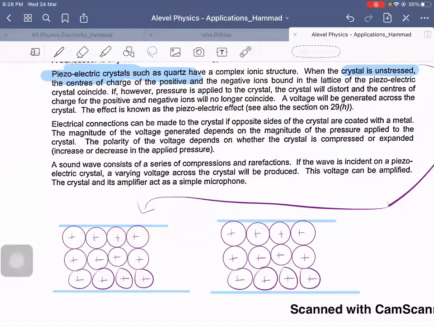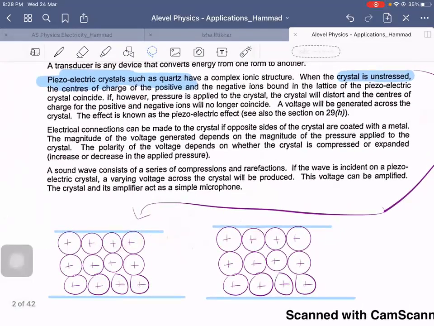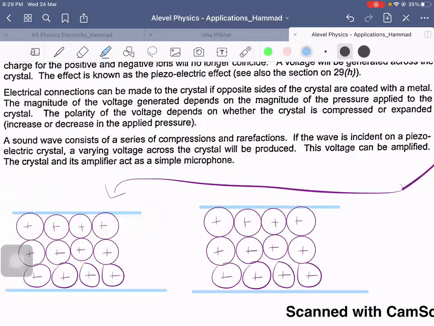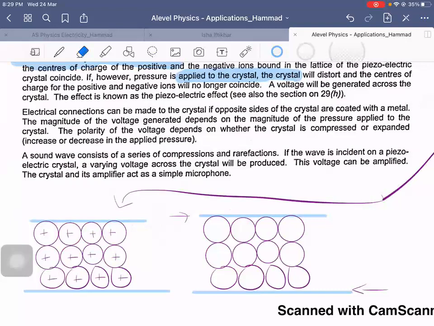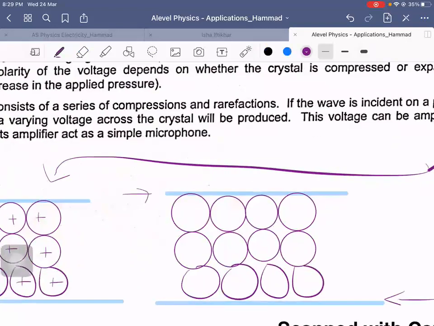When you are applying a pressure, right? When you're applying a pressure, the crystals will distort. Let's say you caused the plates to move, right? Now these positives will also shake alongside, right? Meaning to say your positive ions will not coincide.